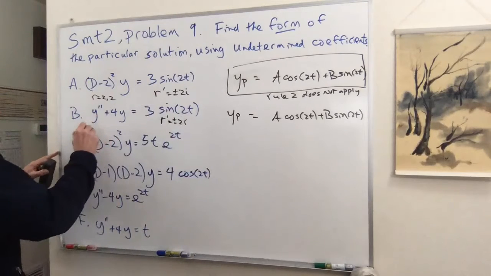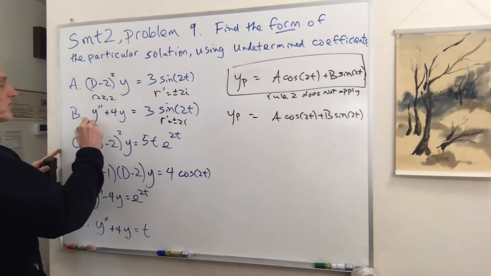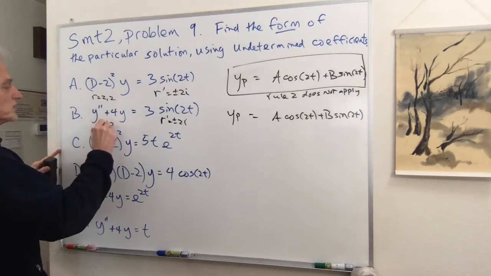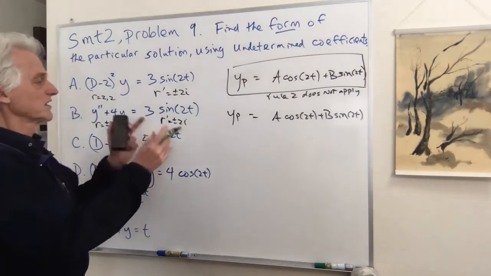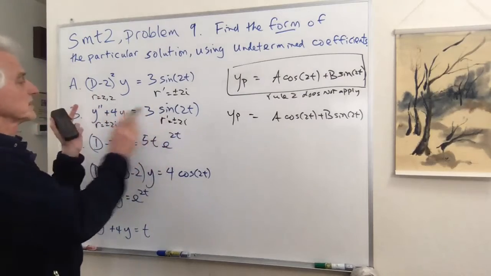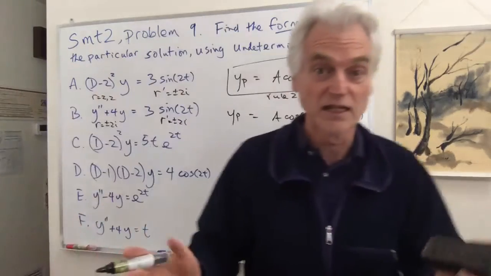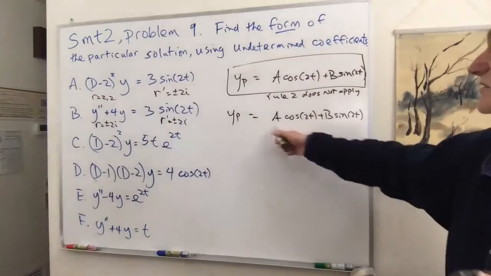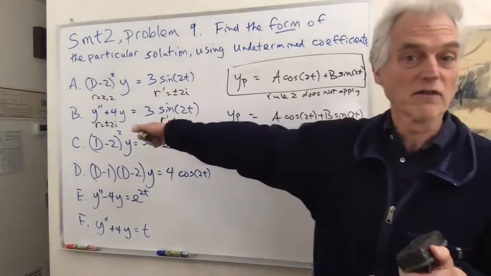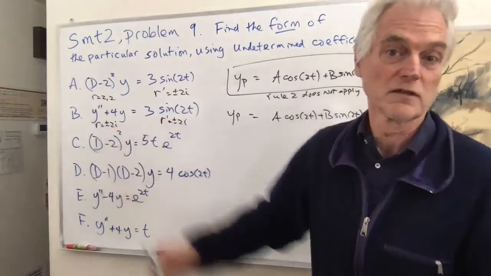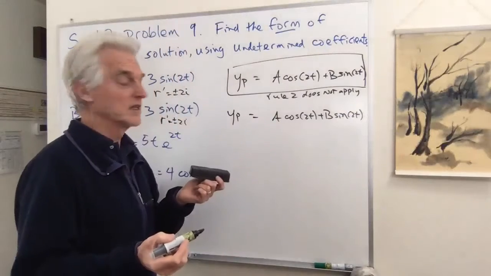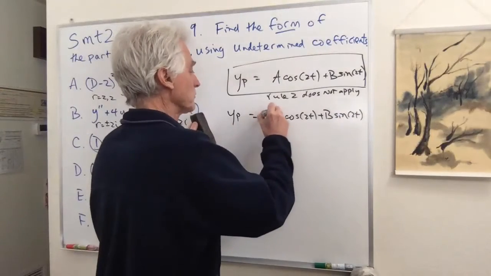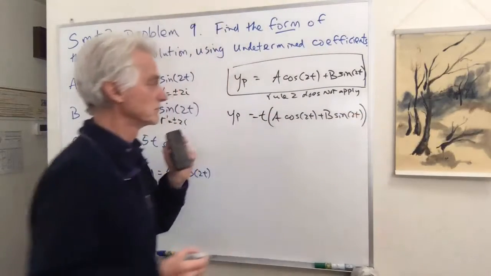But over here, you notice the roots of the left-hand side are also plus or minus 2i. Right? So in other words, if I tried to solve this non-homogeneous ODE by plugging in this, I would get 0 on the left-hand side. So what is the remedy of that problem? I just multiply this whole thing by t.